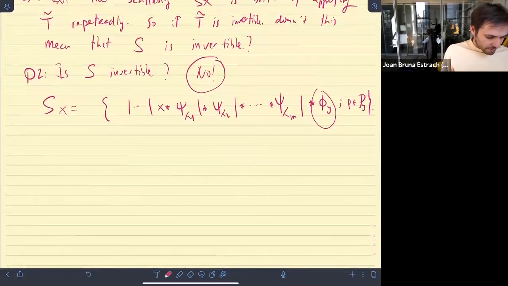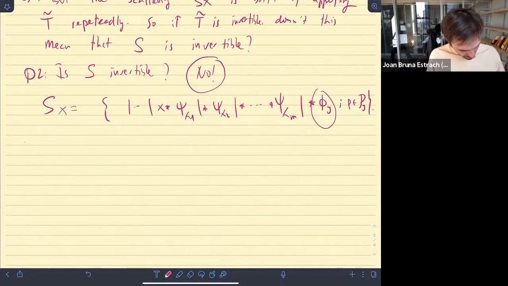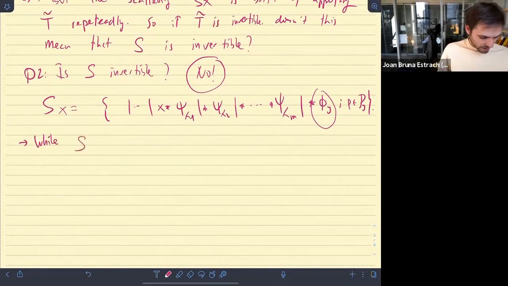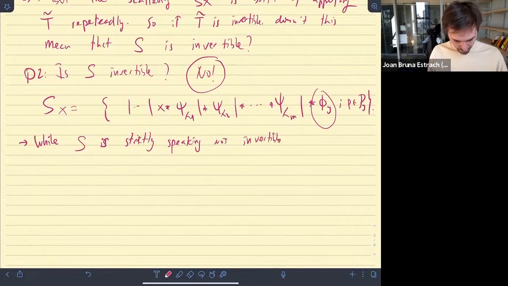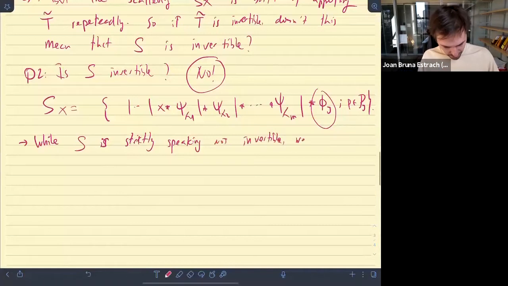Of course, let me just say that in practice, if you're interested, let me put a remark here. While S is formally, strictly speaking, not invertible, we can still consider the following problem, and this gives a decent result.